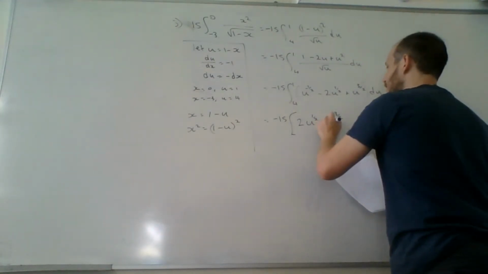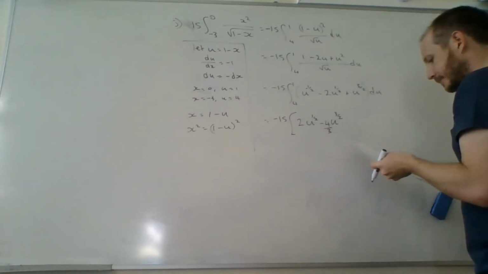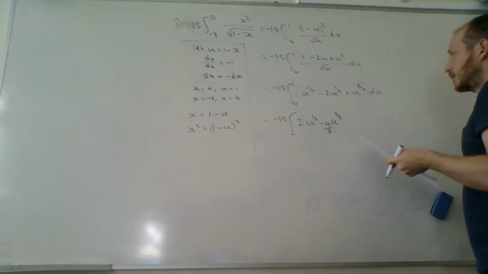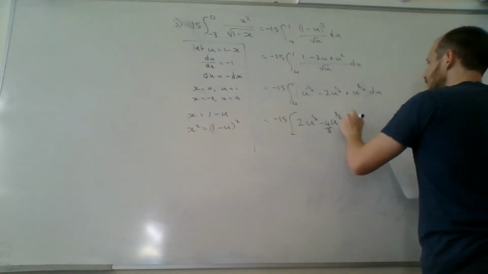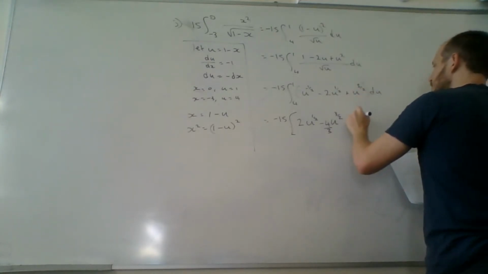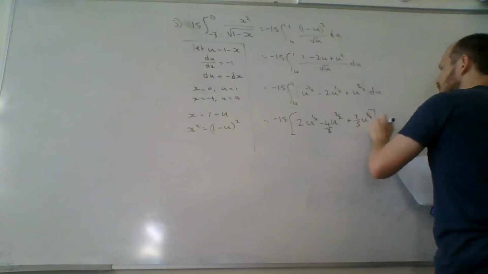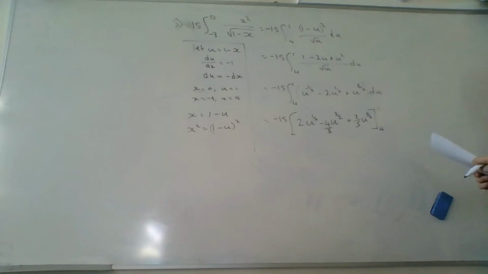So we'll have minus 4 over 3 u to the 3 over 2. Alright? And then finally, we've got this one, so this will be plus, increase the power, so this will be 2/5 u to the 5 over 2, from 4 up to 1.